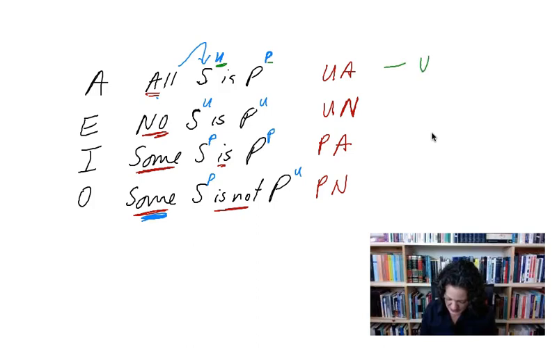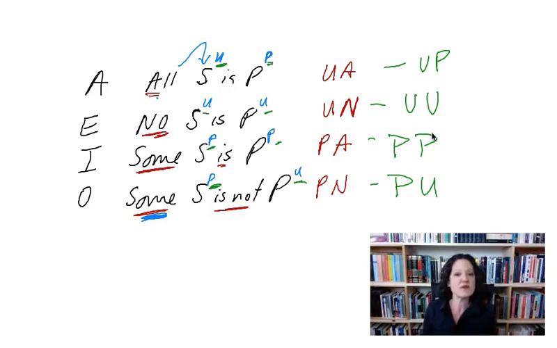So A is UP, E is UU, I is PP, and O is PU. What I'm talking about is these little u's and little p's. Okay, so put this in your notes. Remember this. It will come up again, especially when we're evaluating arguments for validity, categorical syllogisms.